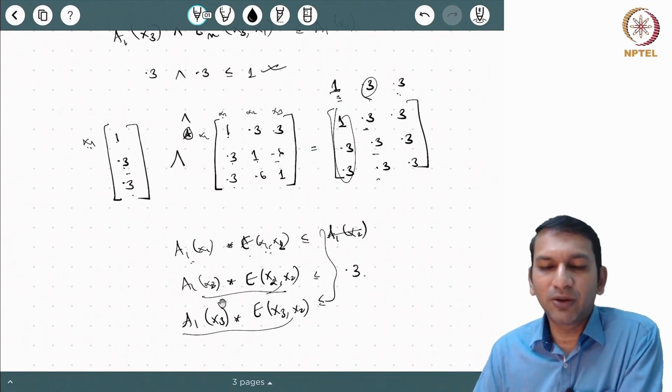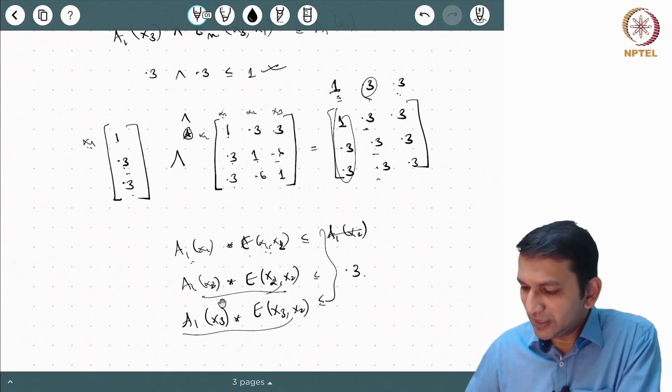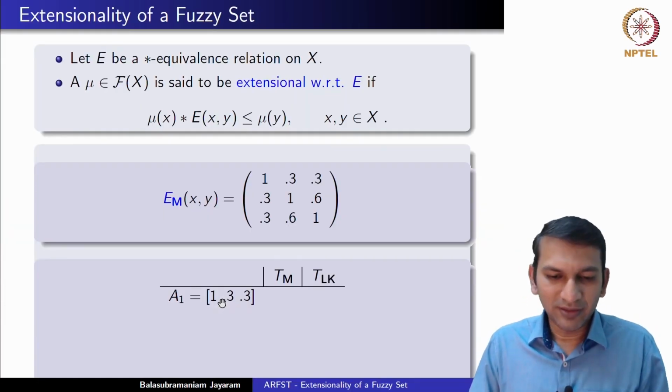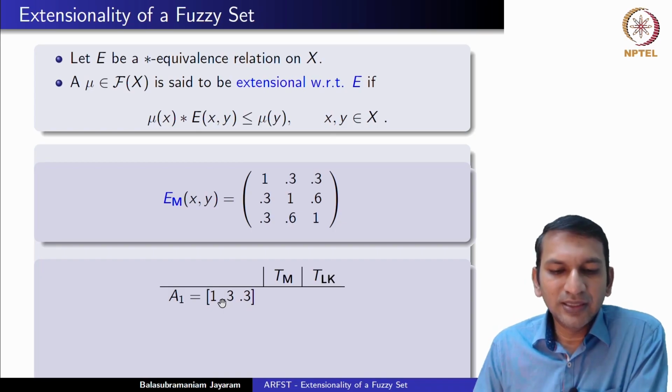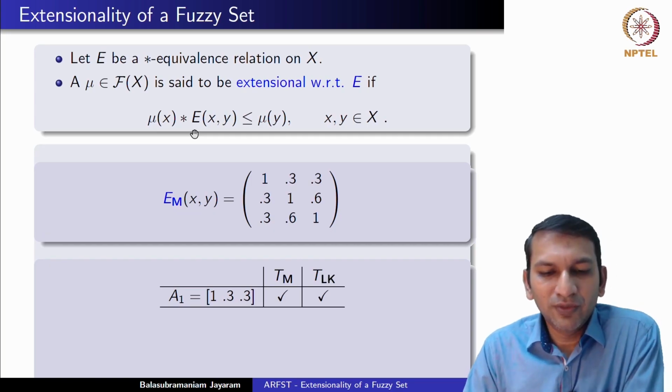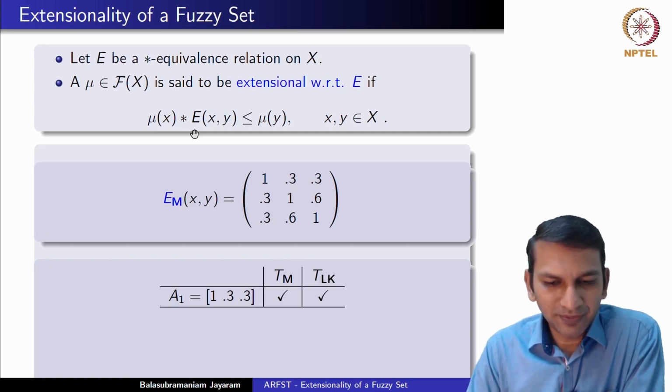That means it's bigger than all the elements in the column, which means this set is in fact TM extensional. So given A1, this is extensional with respect to min, EM and min. That means it is also going to be extensional with respect to the Lukasiewicz T-norm. It can be checked.